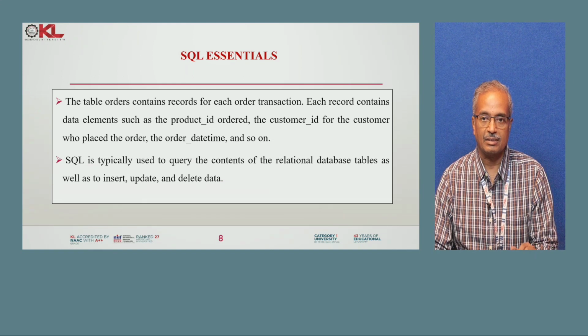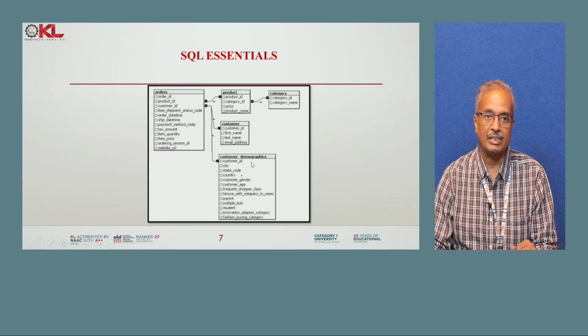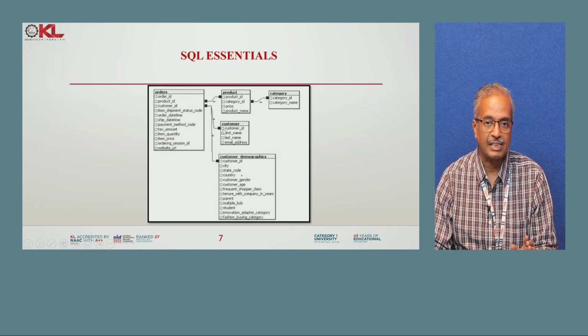The next one is customer ID, and how it is connected. Just you can see here, customer ID is connected with the orders table. Order ID, here also you can see where it is connected with the orders table, right? So order ID, that is the primary key of which one? Orders. So product ID, this is here.